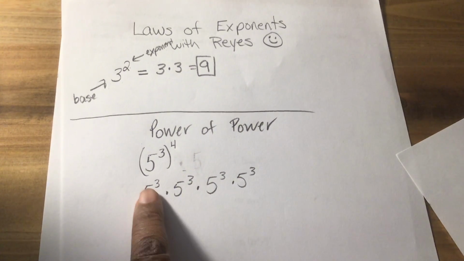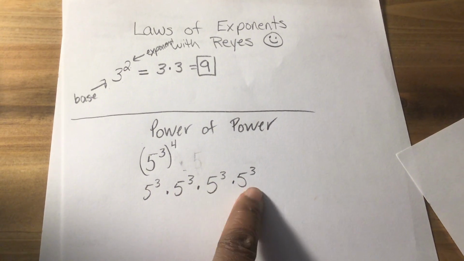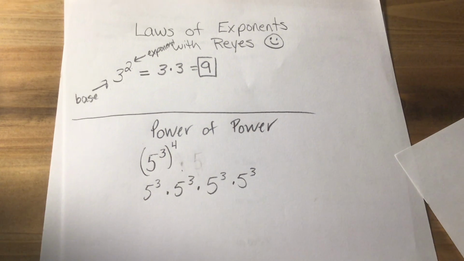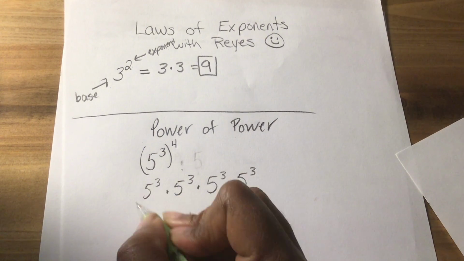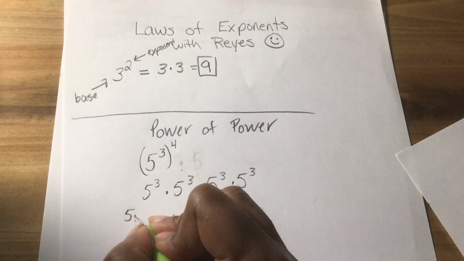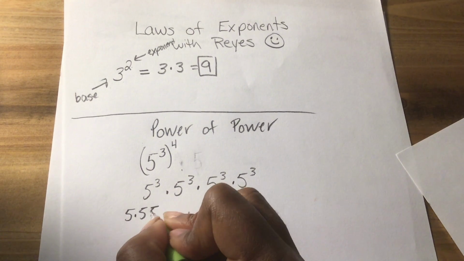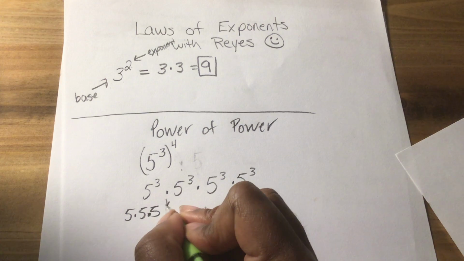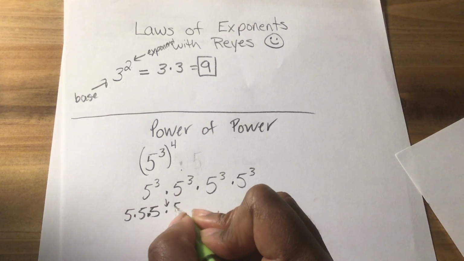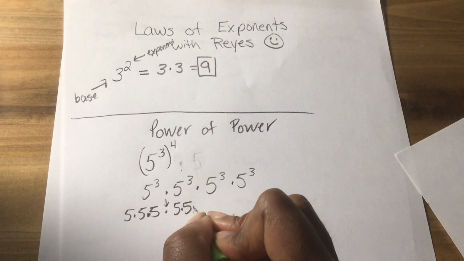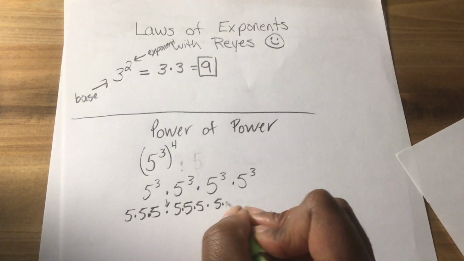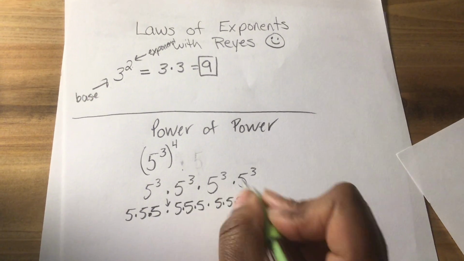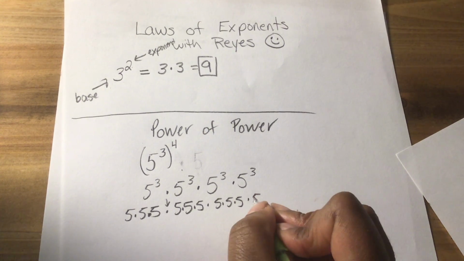And I wrote that 1, 2, 3, 4 times because the exponent is 4. Okay, so here 5 is being multiplied 3 times. That's 5 times 5 times 5, right? And then it's multiplied 3 times here again. It's multiplied 3 times here again. And lastly, it's multiplied 3 times here again.